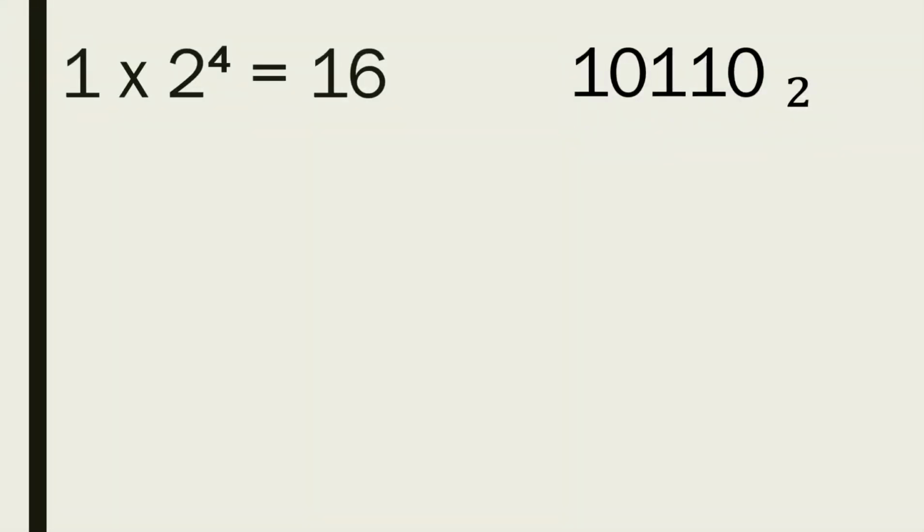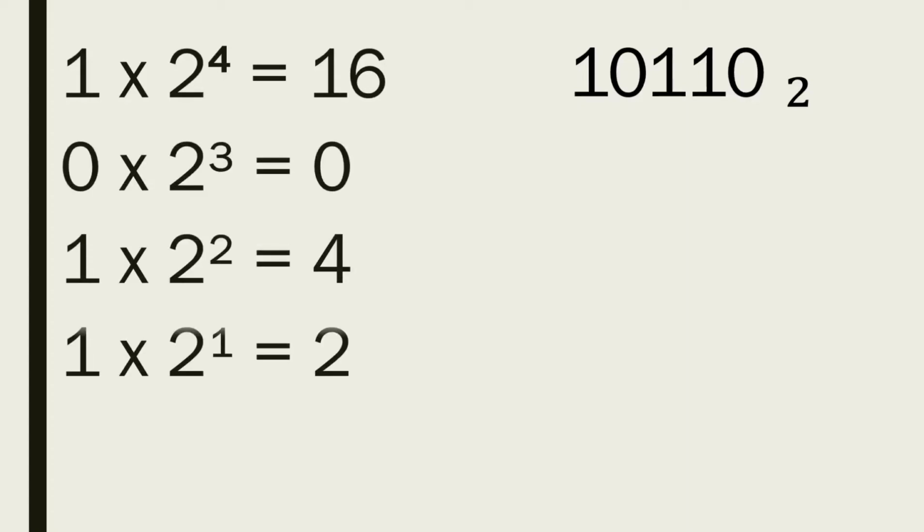Let's proceed to binary to hexadecimal. This is how to convert binary number system to hexadecimal number system. Let us first convert 10110 base 2 to decimal. From the converted answer in decimal number system, which is 22 base 10, divide it to number 16.